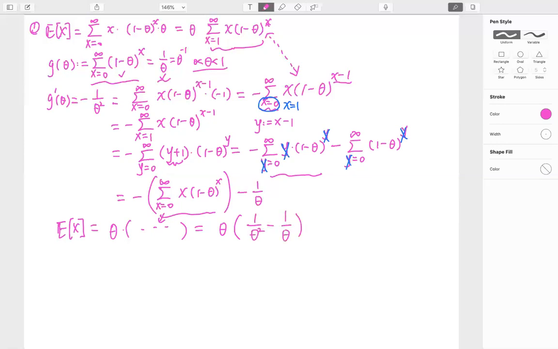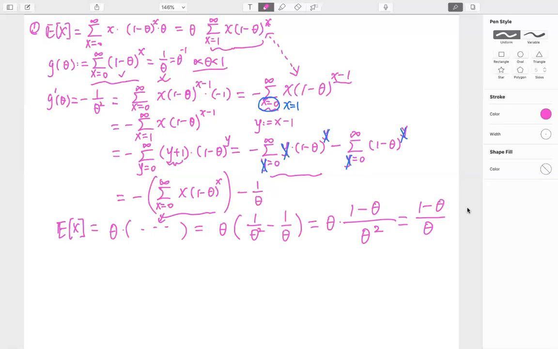So eventually we will be getting theta times, theta squared, here is 1 minus theta, so it's 1 minus theta over theta. This proves the expectation is indeed 1 minus theta divided by theta.